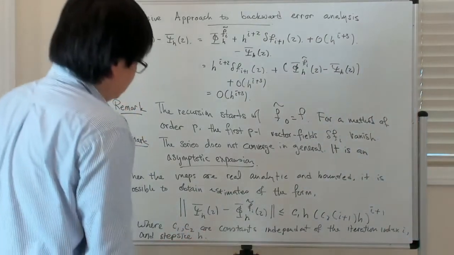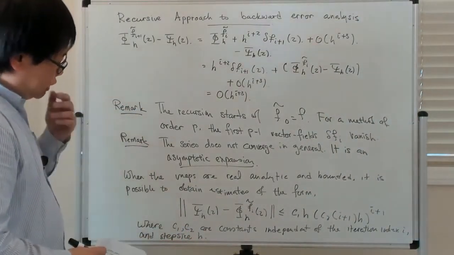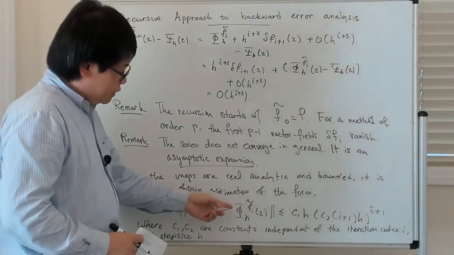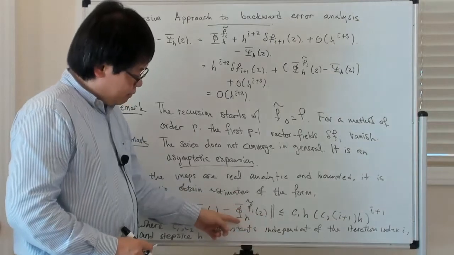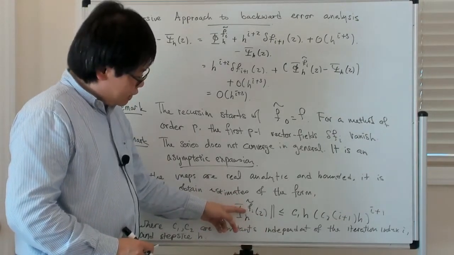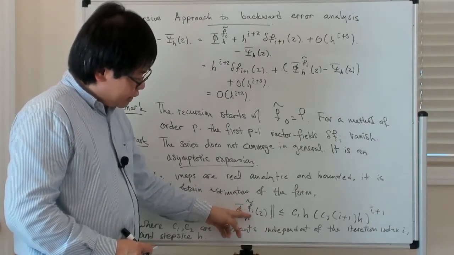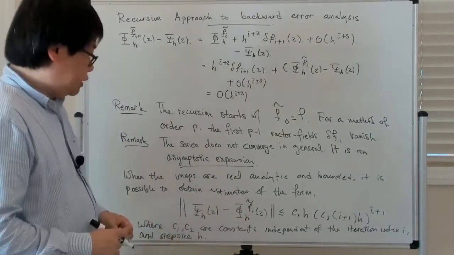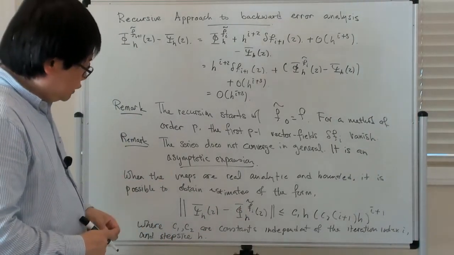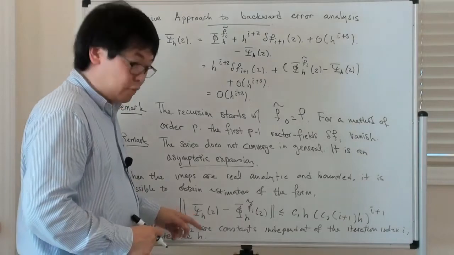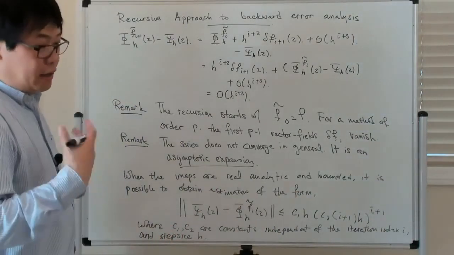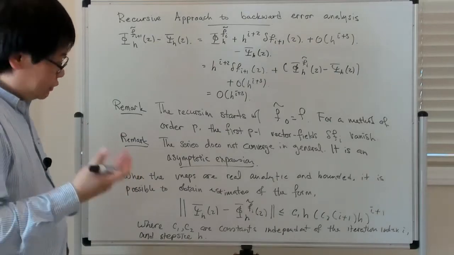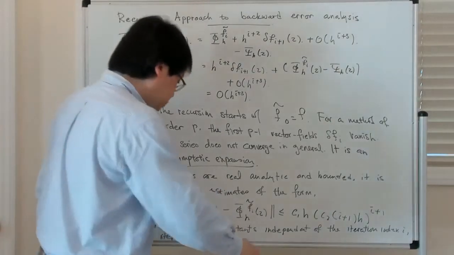Okay, so what that's telling you is that you have an estimate which tells you to what extent the exact flow of this modified vector field f tilde I differs from the one-step method. So you have an estimate which depends on I, and then the art, if you will, is to choose the I so that that error is as small as possible.